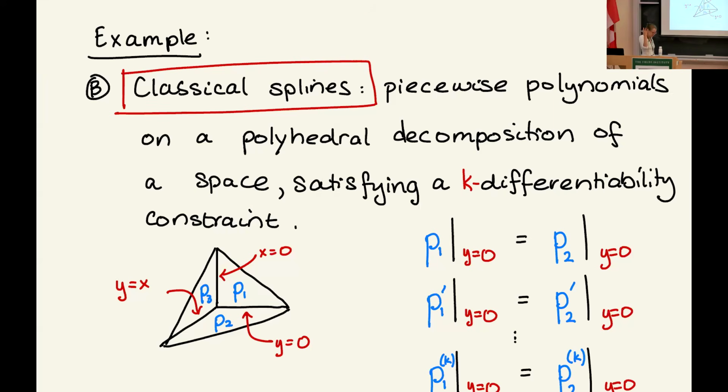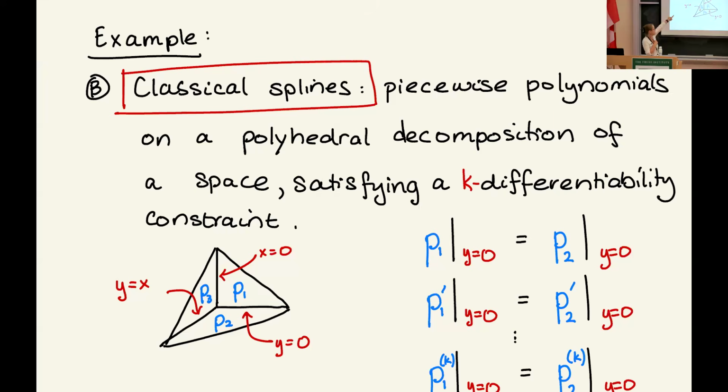So classical splines, or if you Google splines or talk to an analyst, classical splines are piecewise polynomials on some polyhedral decomposition of space that satisfy some kind of K differentiability constraint. So here's an example. This is a triangulation of a triangle in the plane.